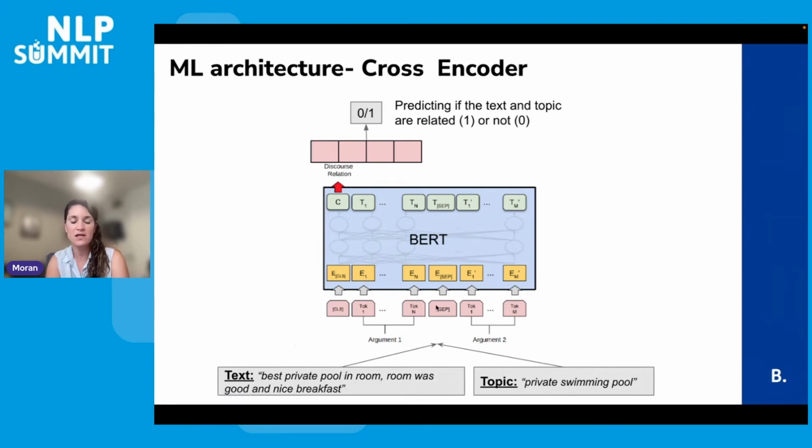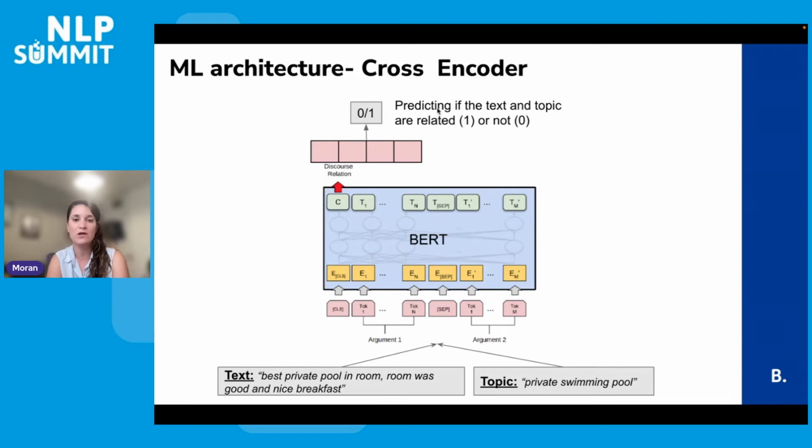Both of them are inserted into the BERT model as one input: the first text, the topic, and a separator between them. Then we take the CLS that represents this shared sentence as representing the relationship between the two. Then we have a fully connected layer, and then a sigmoid to predict whether the text and topic are related or not.